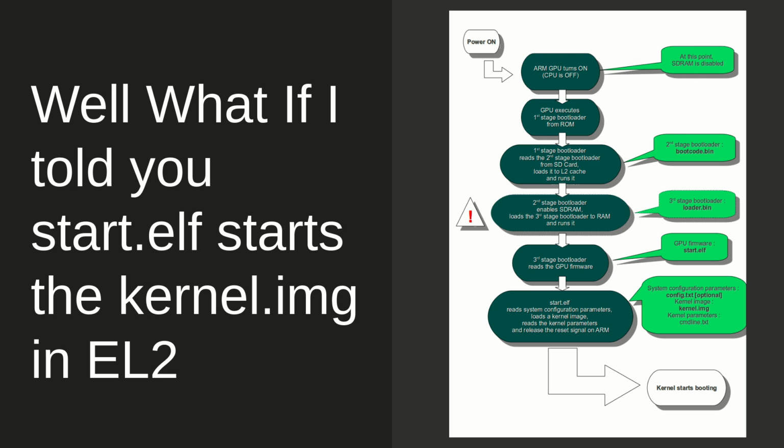And even funnier fact, with config.txt, you can actually state to initialize boot kernel.image in EL3. So basically, even if there was something in EL3, you can just wipe it.